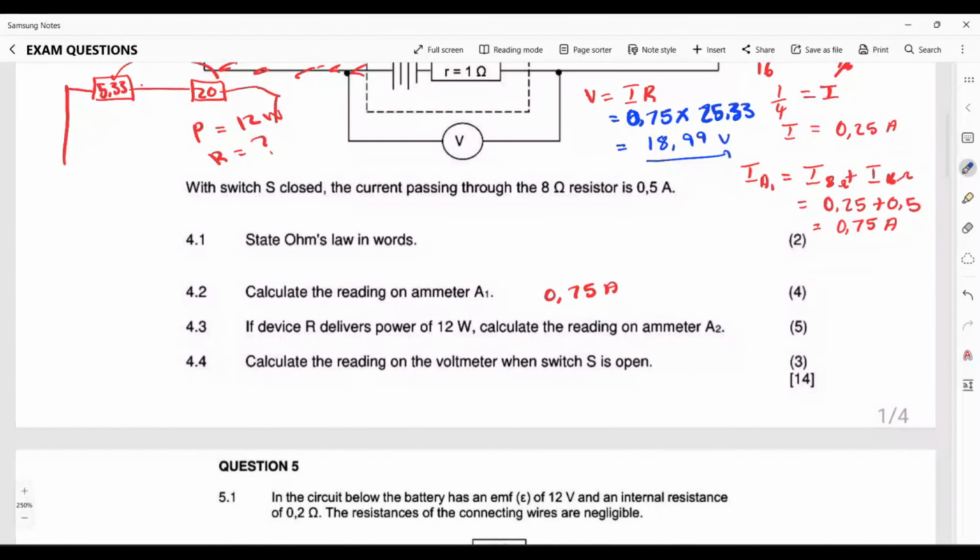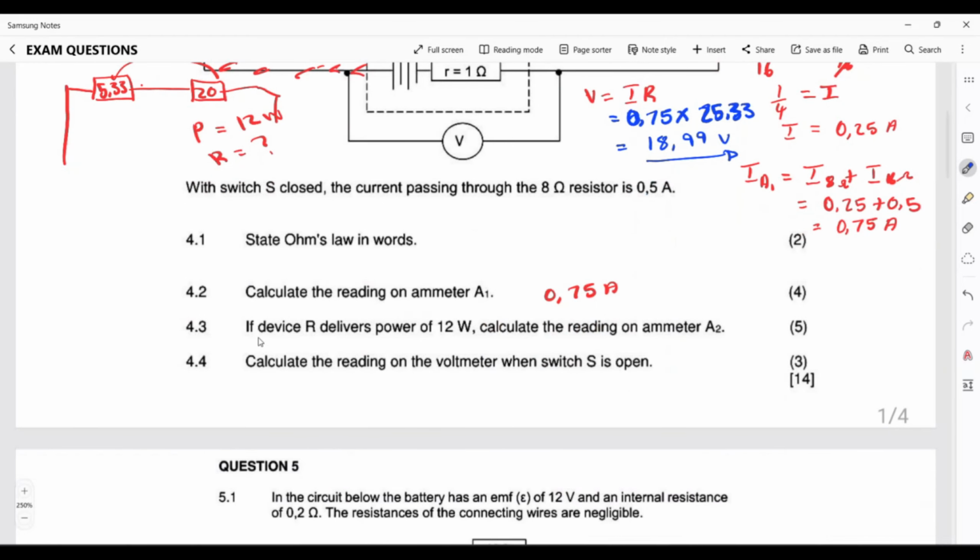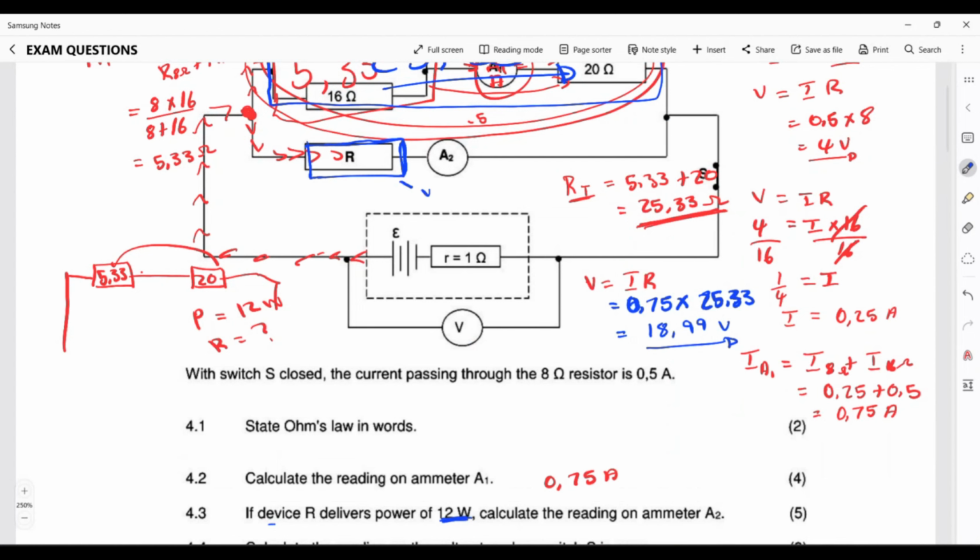So we had the voltage value over there. But let's come back to our question. Our question said, if device R delivers power of 12 watts, calculate the reading of ammeter. So now, because for that device R, we have the voltage V, which is 18.99 volts.